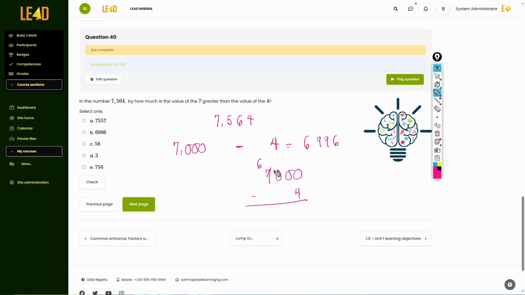Put that 1 here, it becomes 10. Borrow it, you have 9. Put the 1 here, it becomes 10. Borrow it, you have 9. Put the 1 here, it becomes 10. So 10 minus 4 gives me 6. I bring down 9, bring down 9, bring down 6. That's 6,996. That's option B.